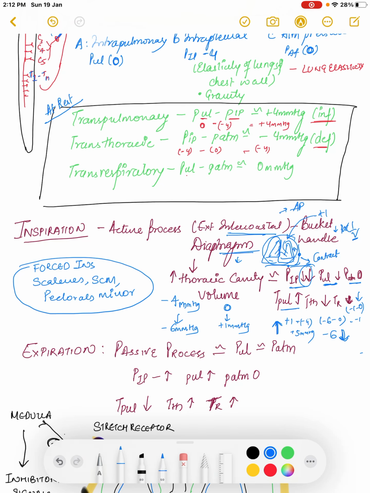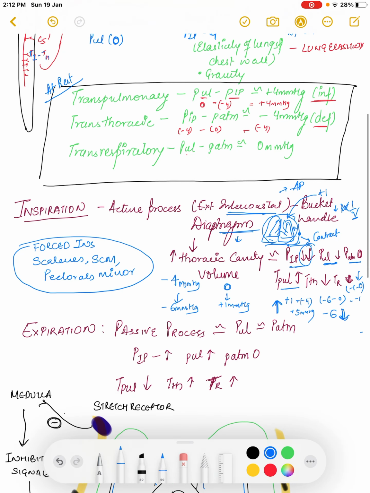Now, what happens in forced inspiration? When it is a forced inspiration, not only the external intercostal and diaphragm muscles contract, but also the scalene, sternocleidomastoid, and pectoralis minor muscles contract, thus increasing the thoracic cavity volume more, thus decreasing the intrapleural pressure more, more decrease in the pulmonary pressure, and thus more increase in the transpulmonary pressure, more decrease in the thoracic pressure, thus more increase in the inflating pressure, and thus decrease in the transthoracic pressure.